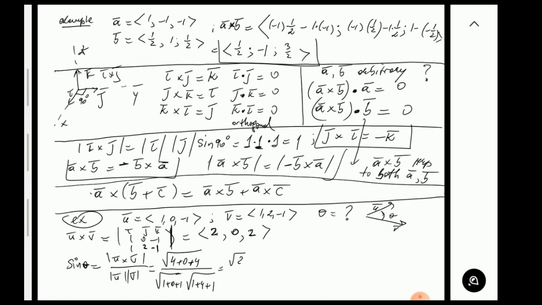I should use a calculator, and this is going to be square root of 8 divided by square root of 12, 6 times 2. I can simplify this to square root of 2 over 3. If you take an inverse sine of this, you should get approximately 55 degrees.